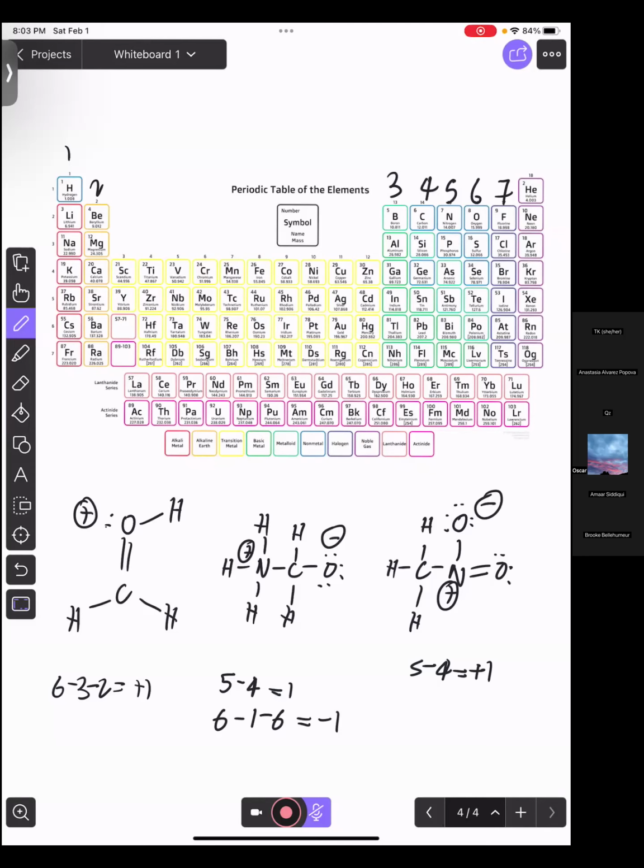So the atoms we really care about are carbon, nitrogen, oxygen, fluorine, and any of them that are below. And we use boron sometimes. Eventually you're going to become really good at knowing what all of those atoms look like when they're positive, when they're neutral, and when they're negative.